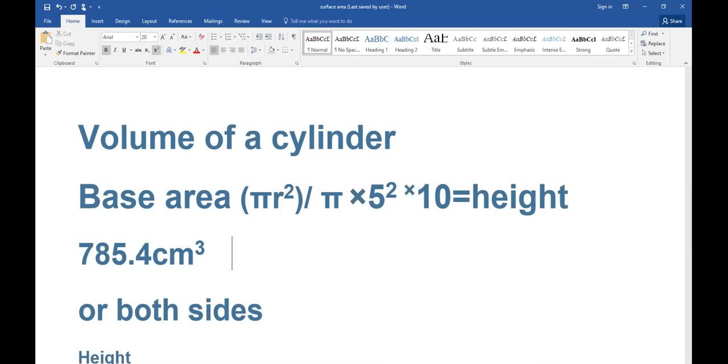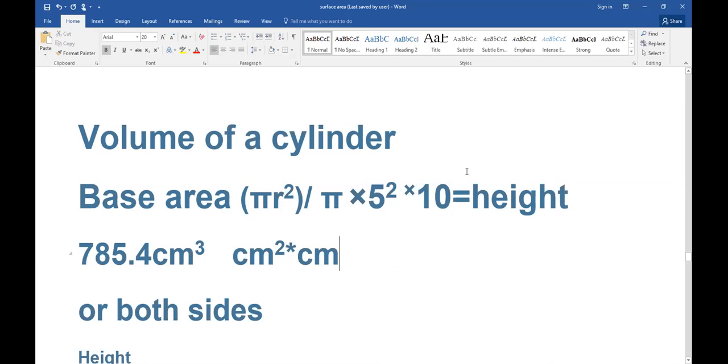Area is found in centimeters squared, and then we multiply by centimeters. So centimeters squared times centimeters becomes centimeters cubed. That's why volume is found in cubic units. And in this case, because we are using centimeters, the volume is found in cubic centimeters.